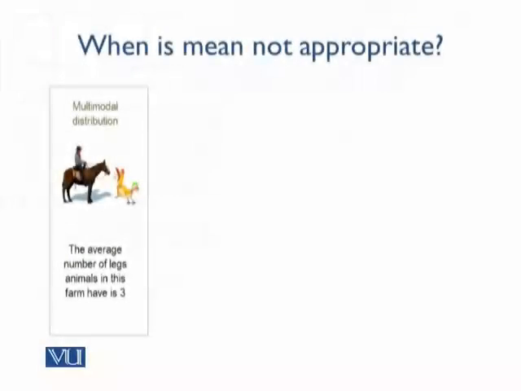The first place where you should not be using the arithmetic mean is when you have a multimodal distribution. A multimodal distribution is a distribution in which you have two common values or multiple common values, and those are the modes of your distribution. As an example to illustrate this, imagine a farm in which you only have horses and chickens.